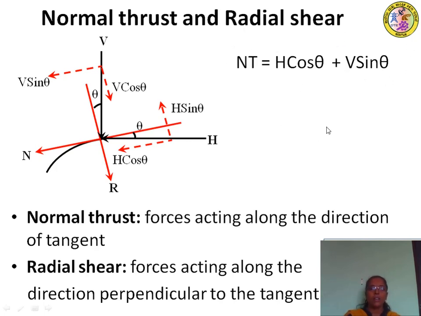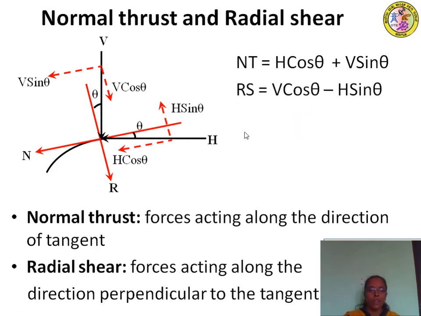And then radial shear. Radial shear is in this direction. Therefore V cos theta is in the same direction, whereas H sin theta is in the opposite direction. Therefore radial shear is equal to V cos theta minus H sin theta.